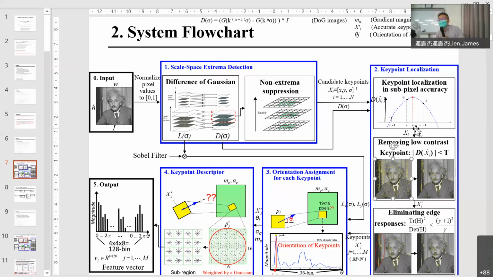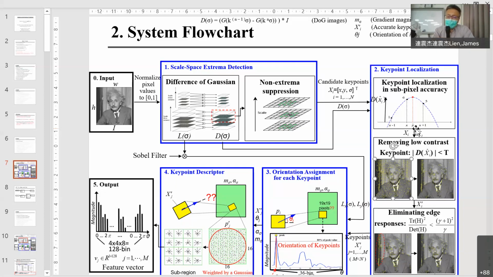Why do we need subpixel? For example, suppose your camera resolution is 100 by 100, so 1 pixel equals 1 millimeter in the image resolution. But a company says, oh no, 1 millimeter precision is not good. I want a precision of 0.1 millimeter.